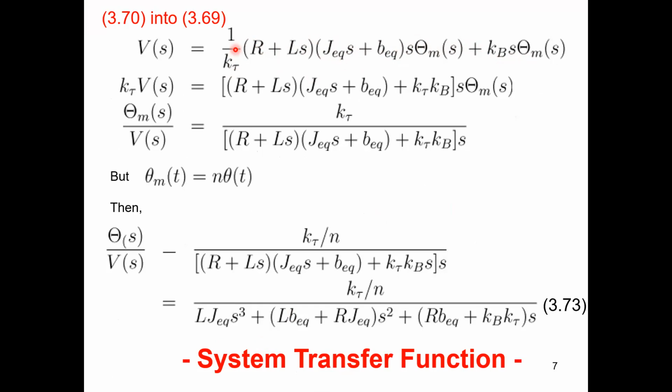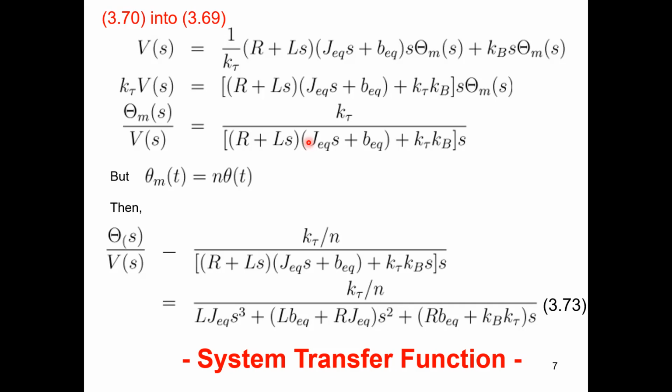Now you do a simplification. K tau goes to the left-hand side, K tau Vs. You get this one, and theta over V. This is theta M over V, Vs is equal to K tau over this one. Now you see this is an equation between theta M and V, that is the motor angle versus the voltage.